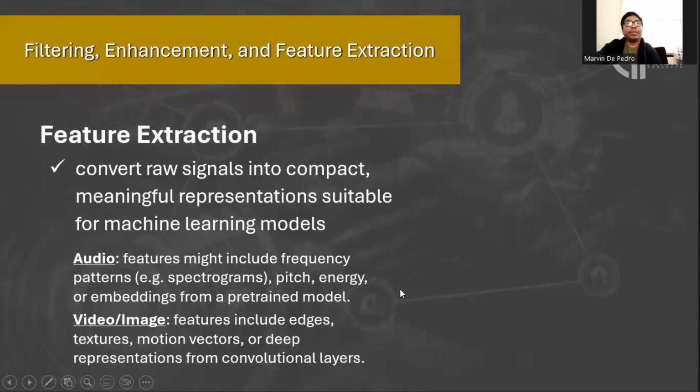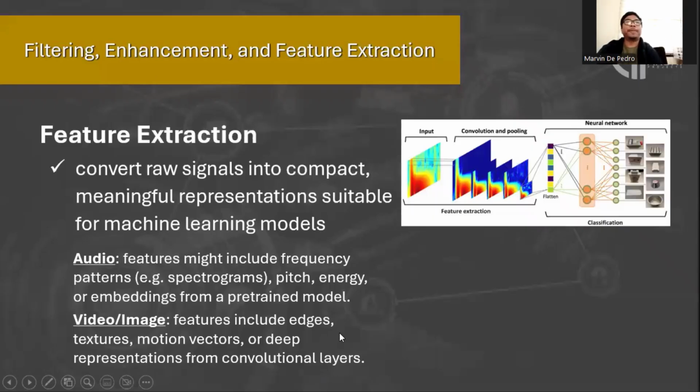In video or image naman, features include the edges of our shapes in our image, motion vectors, and deep representations from convolutional layers. Convolutional layer, like what I showed previously about 2D convolution. We have an example actually.